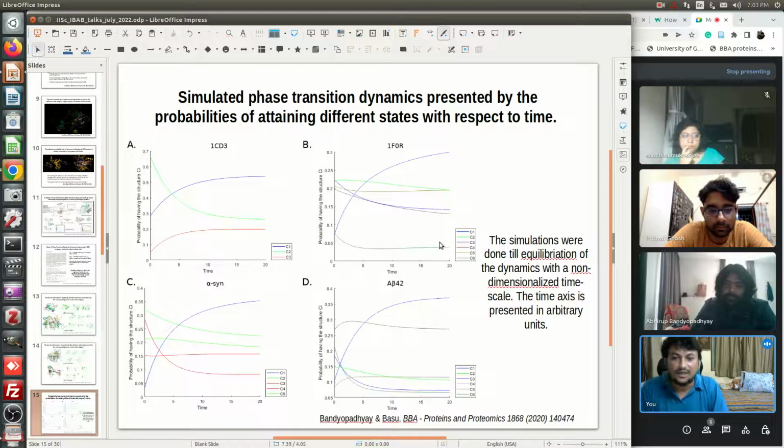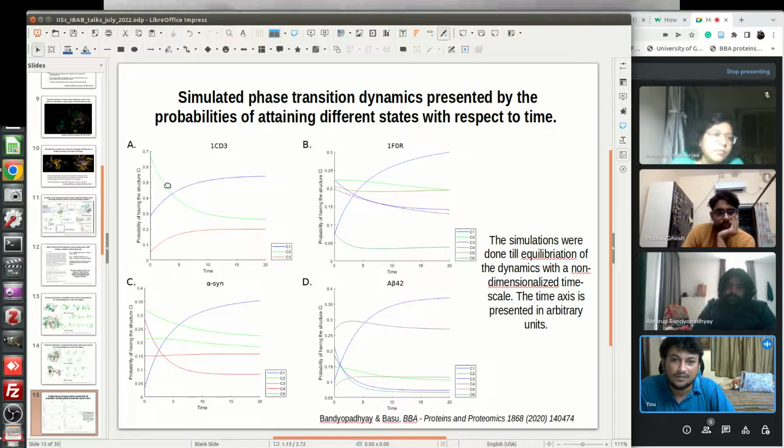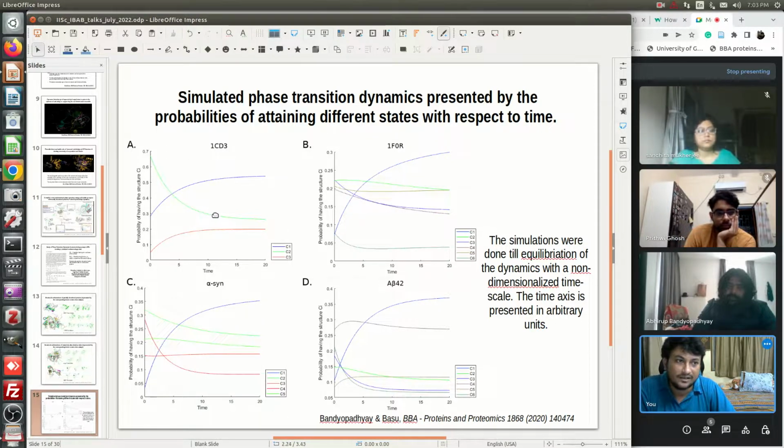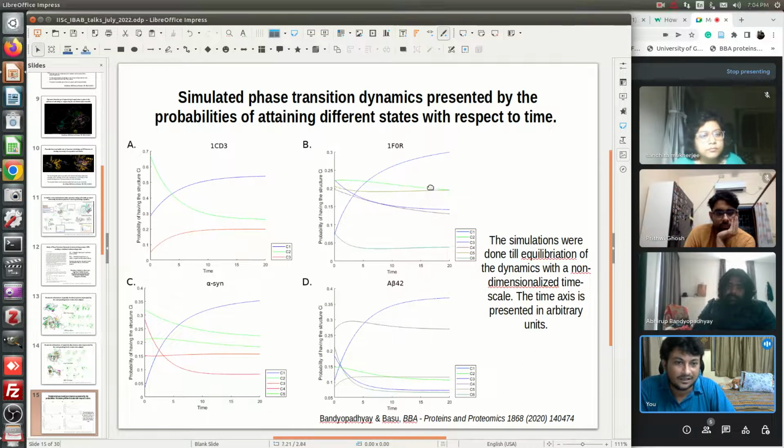So effectively we were looking at the dynamics, or the probability of attaining and retaining one or multiple conformational states along time. As you can see, certain conformations will be less preferred with time, and certain other conformations will be more preferred, but never is there a case of a single conformation predominating.